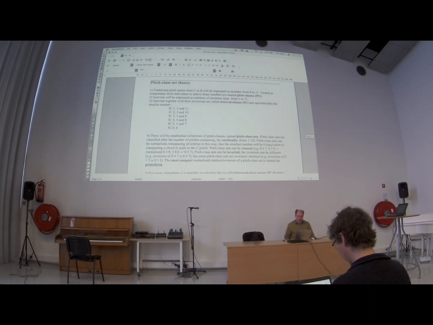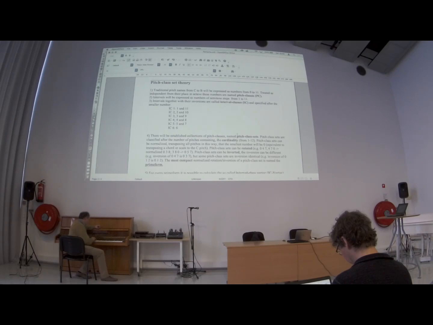Pitch class set theory is something like an extension of chord theory. If you have, for instance, the most well-known major chord, normally in our pitch system we can rotate the pitches, and we classify it as one and the same phenomenon.